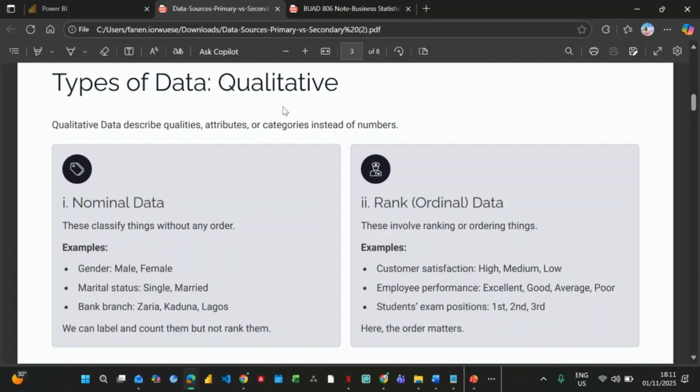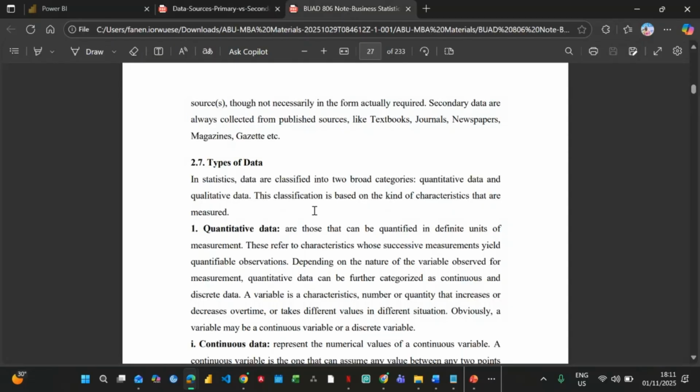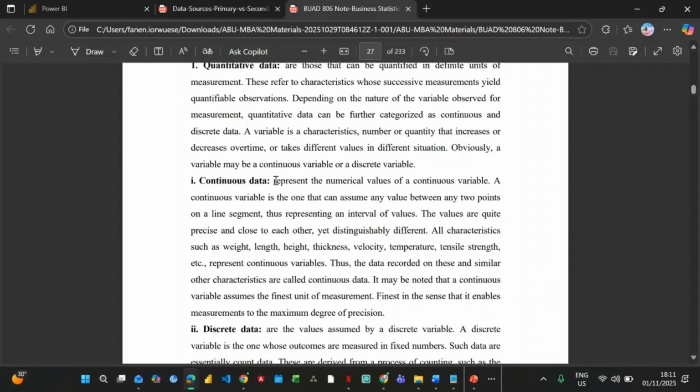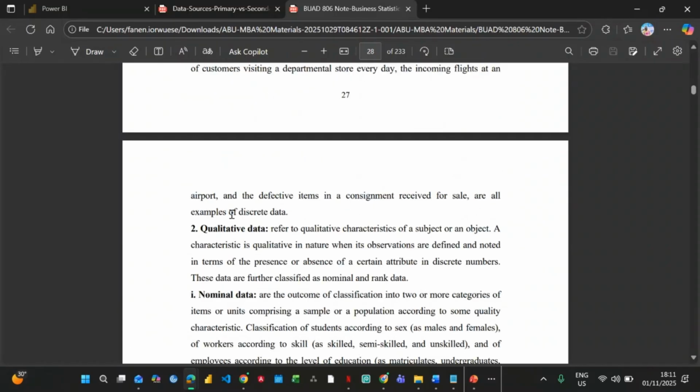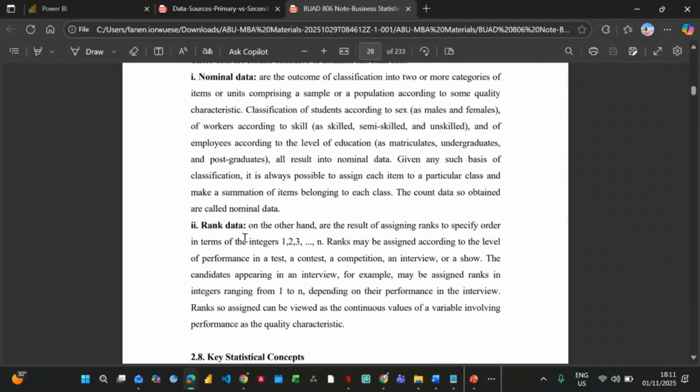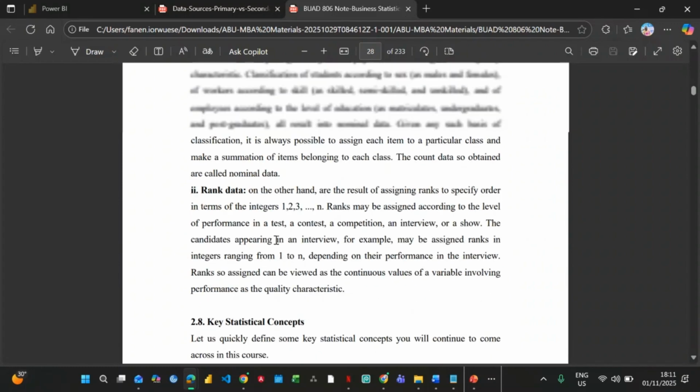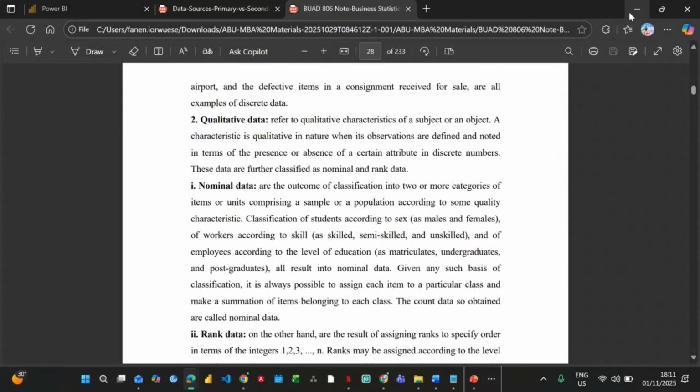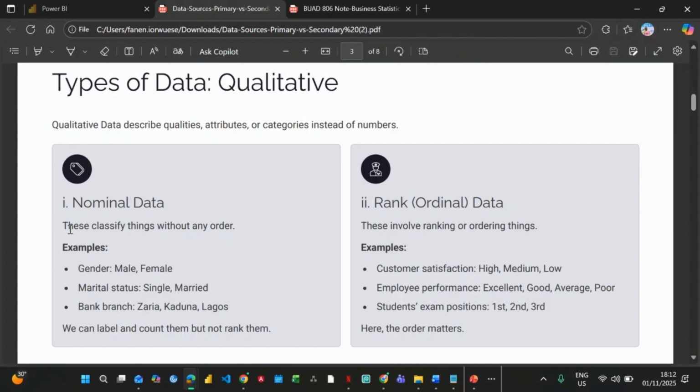So we have the nominal data. This data classifies things without any order. It can come in any order; there's no order of precedence. It's not like this one must come before this one.